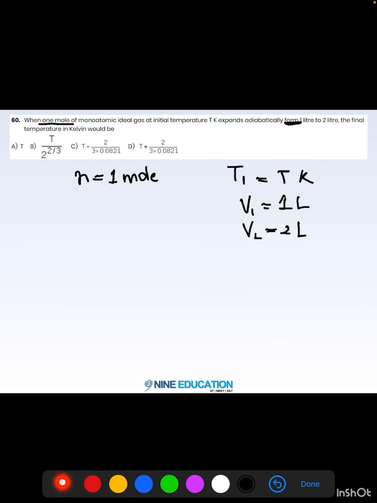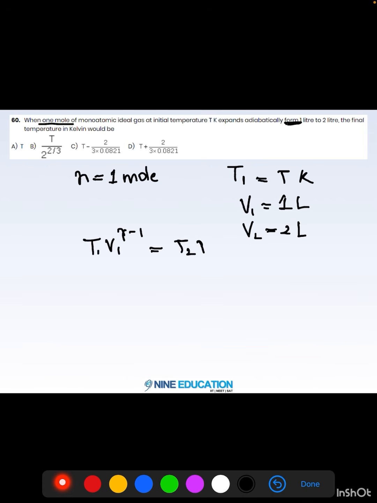The final temperature in Kelvin would be, okay, for this kind of question you can just simply apply, because we are doing expansion adiabatically. V1 and V2 are given, they are giving T1 and they are talking about T2 here. And for this you can just simply apply Poisson's equation, which says that T1 V1^(gamma minus 1) should be equal to what?